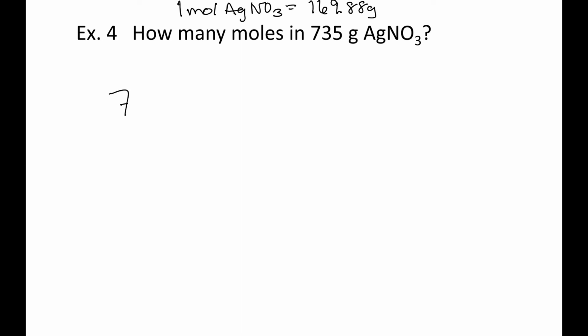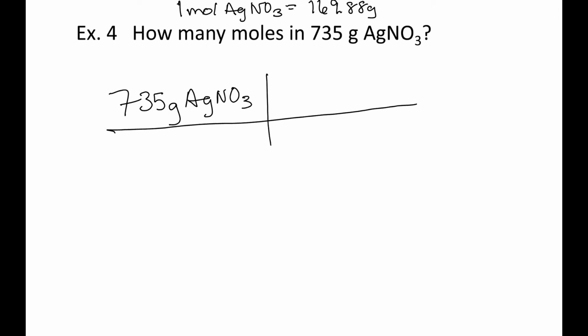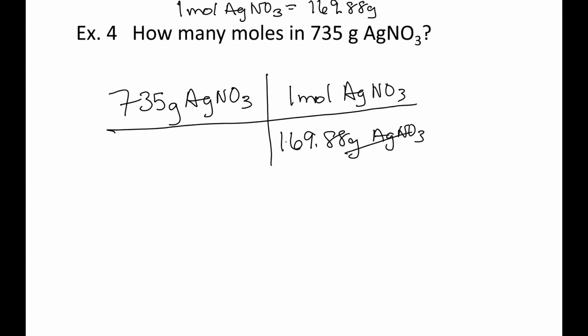So we're going to start out with 735 grams of AgNO3. Write our picket fence. We're going to put the mass on the bottom, so 169.88 grams of AgNO3 and 1 mole of AgNO3. This way we get rid of grams and we're left with just moles.